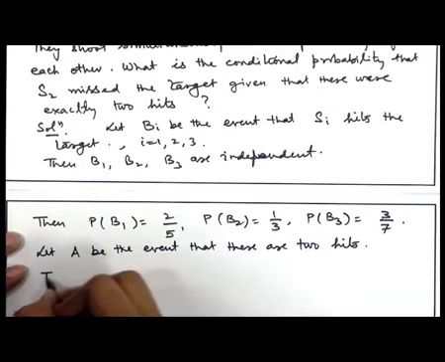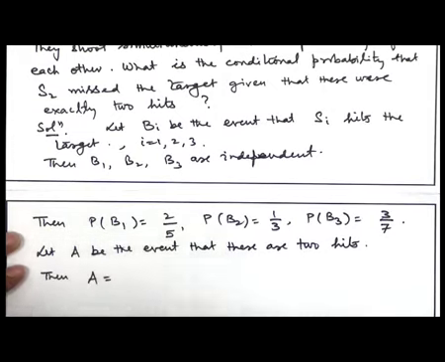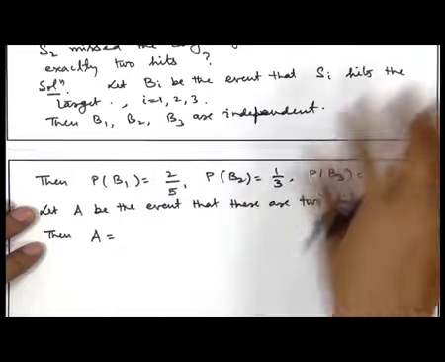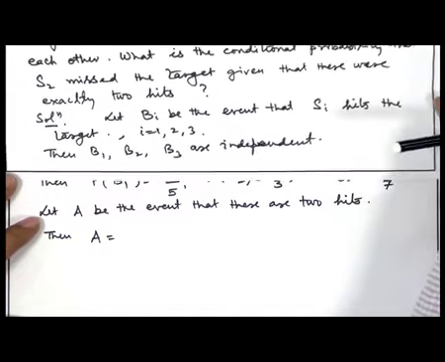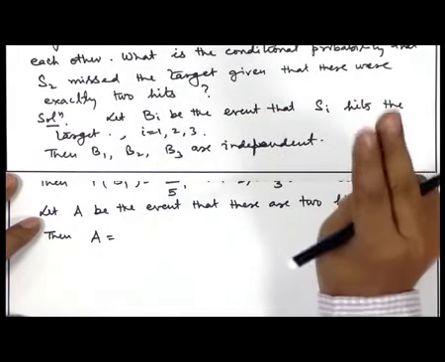We have to express it in terms of B1, B2 and B3. If there are 2 hits, we can have the situation that B1 and B2 hit and B3 does not hit. Similarly, we can have the first and third hit, second does not hit, or second and third hit and the first does not hit.